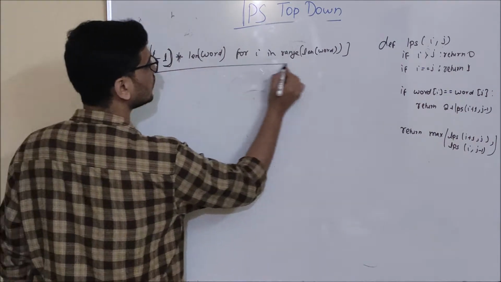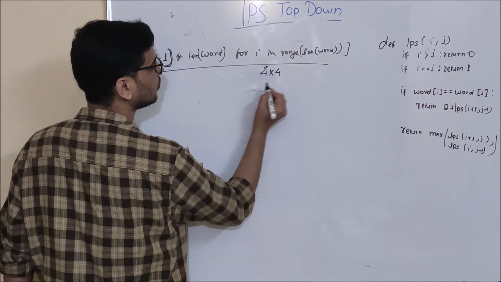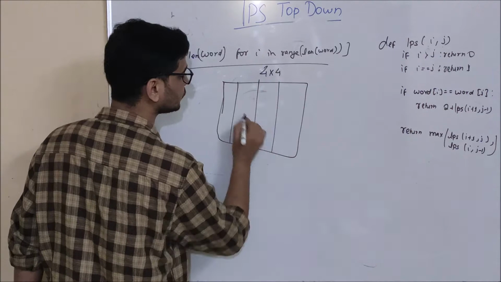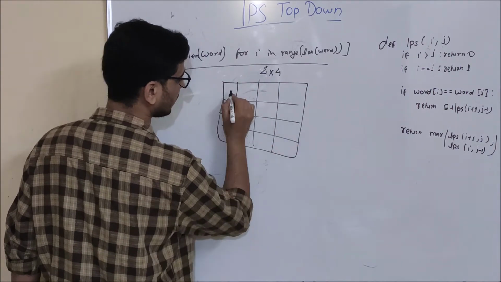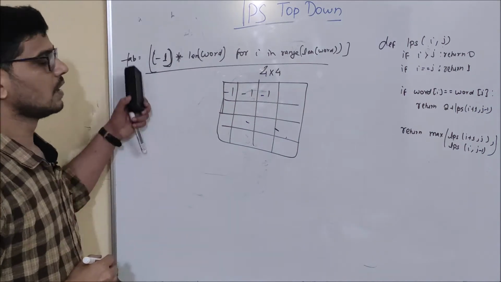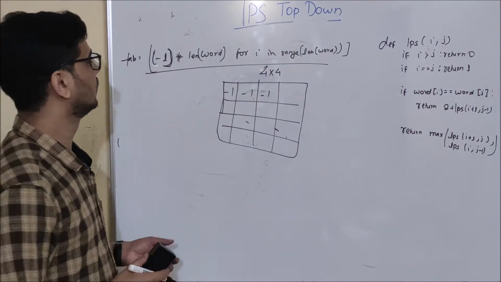What will it do? Suppose my dimension is 4 by 4, then it will create a 2-dimensional list, and it's going to initialize it with -1, and so on. Okay? So now we have the table.